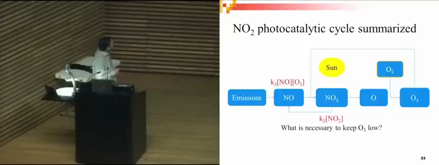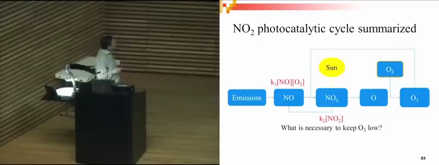So, looking at this in kind of a process model, we have emissions, again, whether this comes from a boiler, from a power plant, from a vehicle. We're going to produce NO, which will again form to NO2 formation, which can again cycle back to NO. That NO2 generates free oxygen, which will react with molecular oxygen to form ozone.